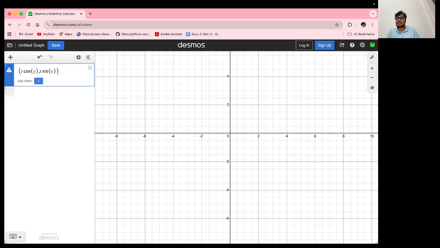If I add the slider for c, then the vector from 0 to that particular polar coordinate will keep rotating, either clockwise or anti-clockwise, according to c.